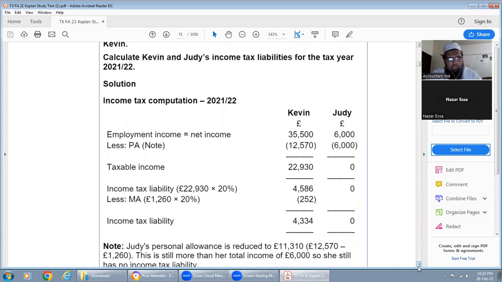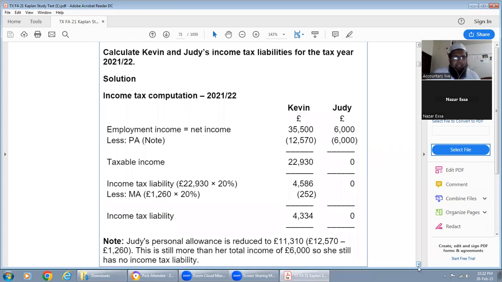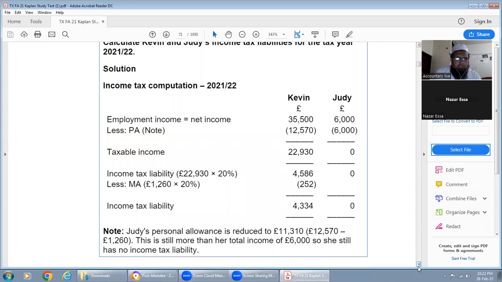So the income tax liability of 22,930 will be falling in the 20% band. So the tax is 4,586. And marriage allowance 1260 multiplied by 20%, that is 252.